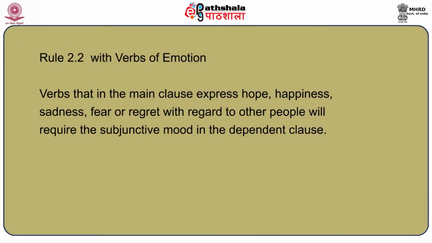Rule 2.2 is with the verbs of emotion. Verbs that in the main clause express hope, happiness, sadness, fear or regret with regard to other people will require the subjunctive mood in the dependent clause.